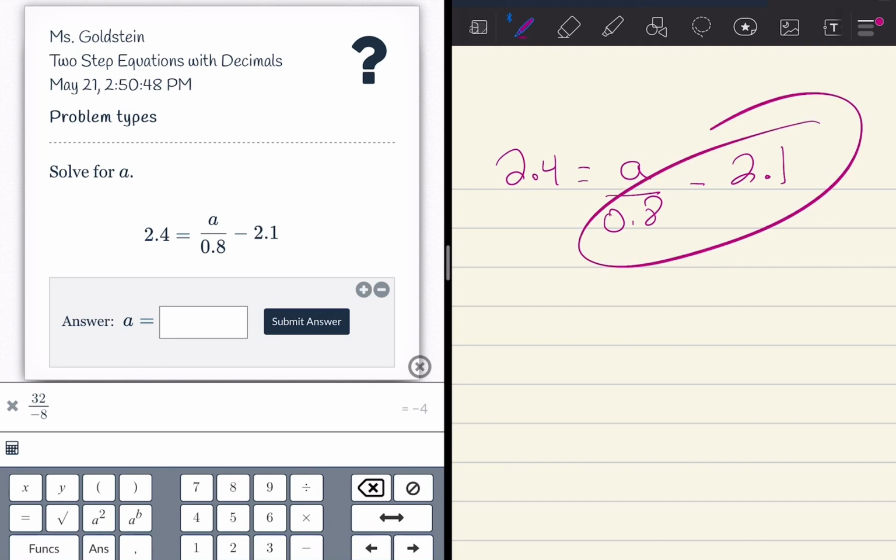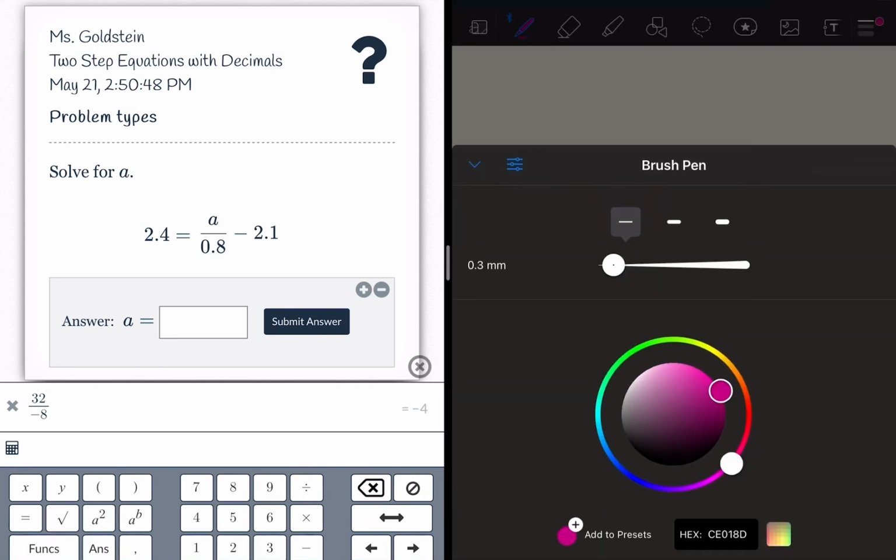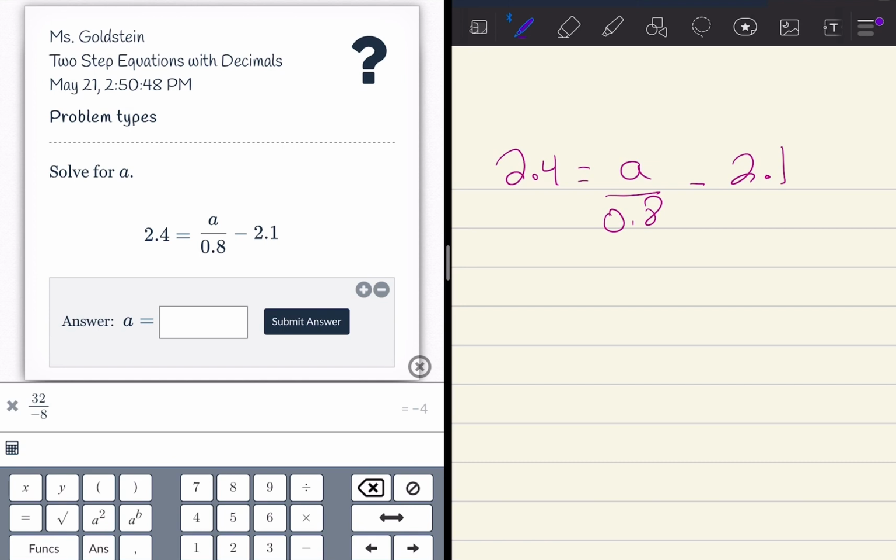I need to get rid of these numbers to get a by itself. So the number furthest away that's not touching the variable is minus 2.1. The opposite of minus 2.1 is plus 2.1. And whatever I do on one side, I do on the other.